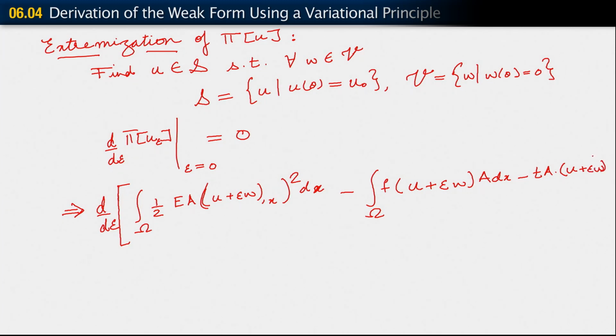Okay, all of this, right, we take those derivatives, set epsilon equals 0, and then say that all of this should be equal to 0. Okay, that's what we need to do.